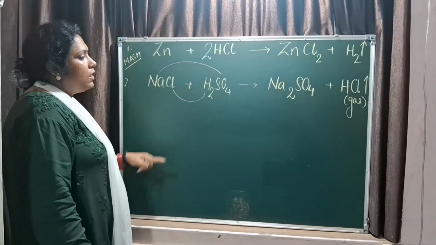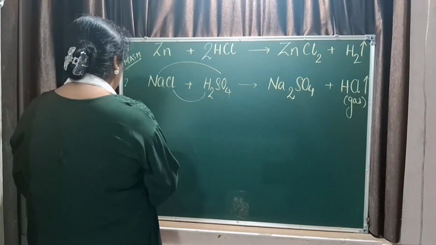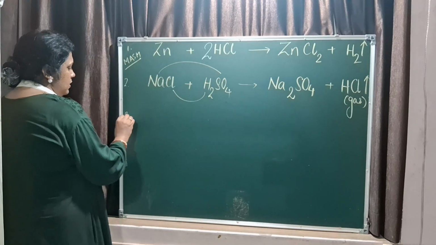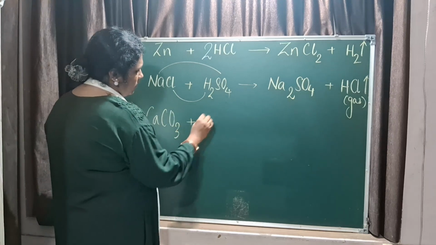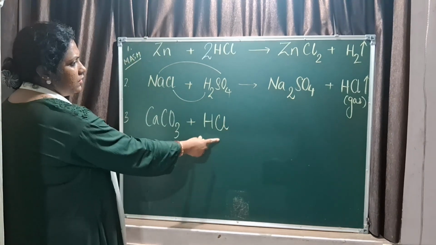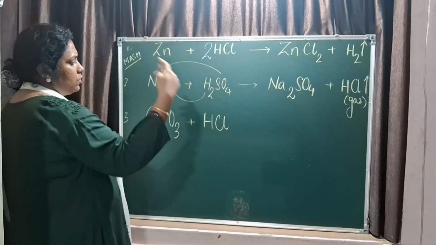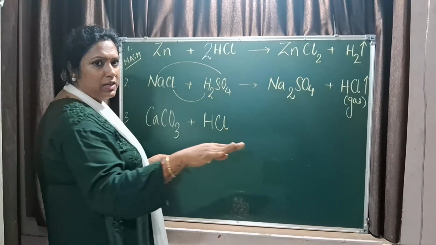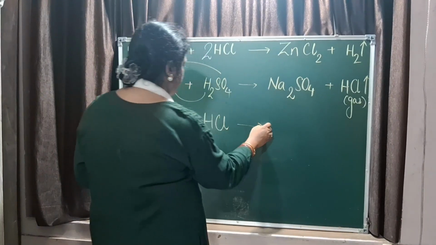Now next one, another gas that can be evolved is from carbonates, like calcium carbonate. If you treat with HCl, an acid, any carbonate treated with acid will give you carbon dioxide. Any metal treated with acid will give you hydrogen, except few least reactive metals. And here what is the outcome?